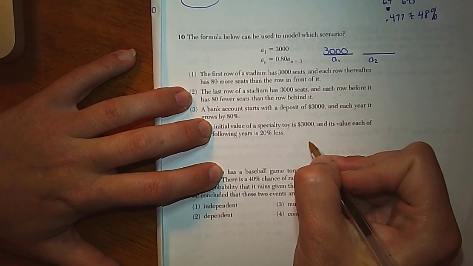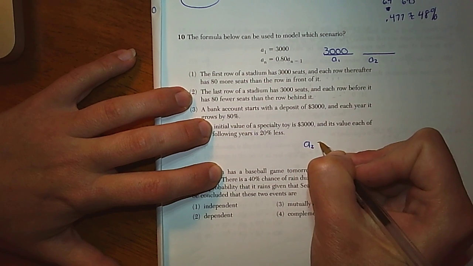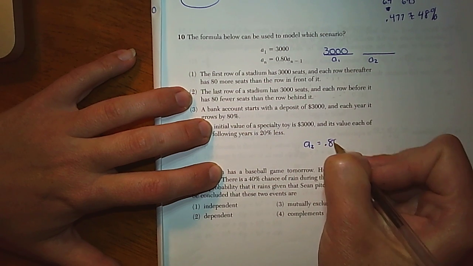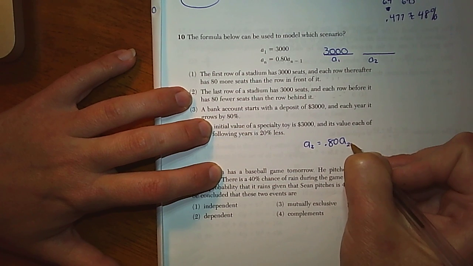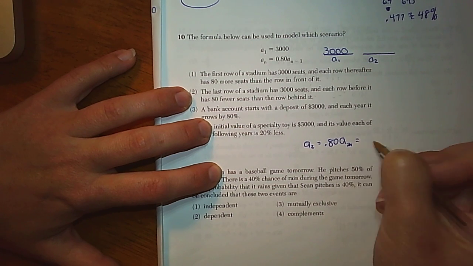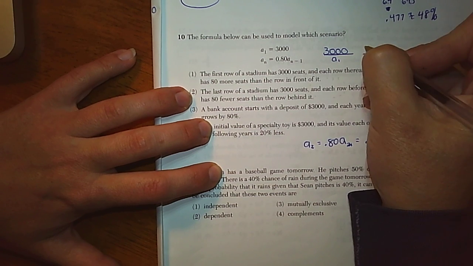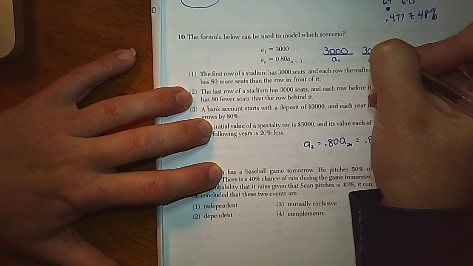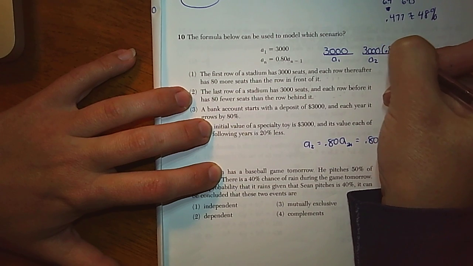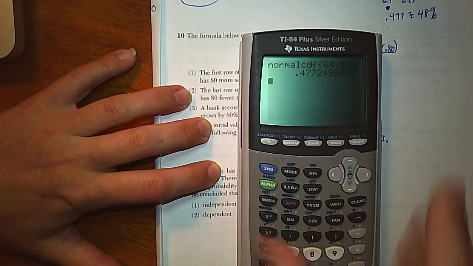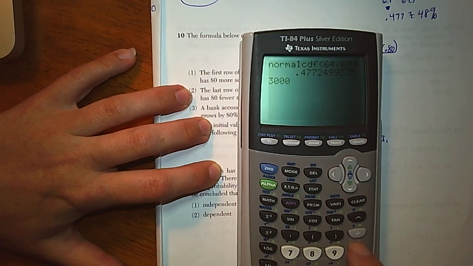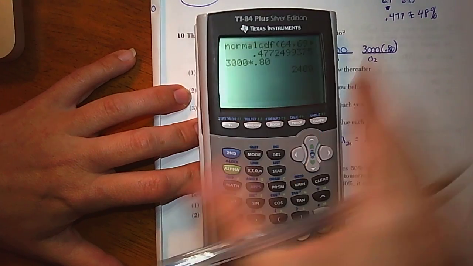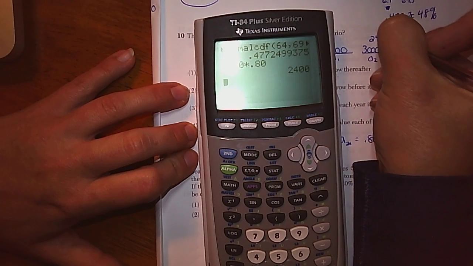A2 equals 0.80 times A1. So this is going to be 3,000 times 0.80. So it's 2,400.